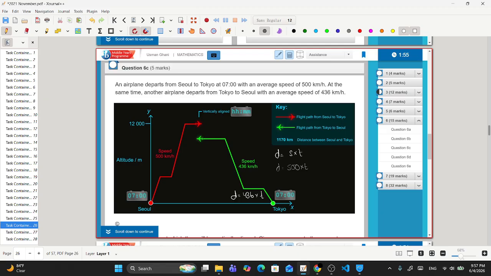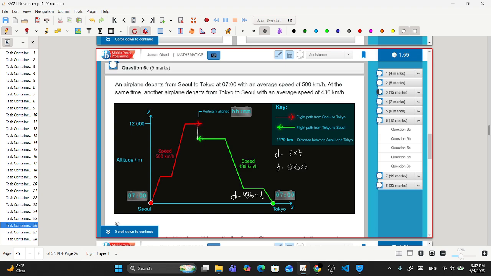But what we are forgetting about is that half of the distance, no, not exactly half of the distance, 1,170 kilometers is the total different distance, right?